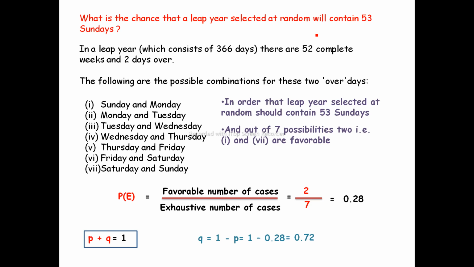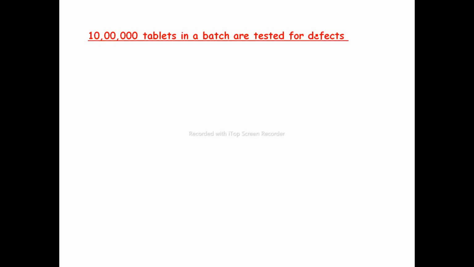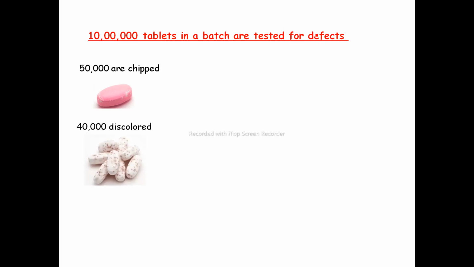Okay, next we'll have one more example. I'm taking a pharmaceutical example this time. Suppose 10 lakh tablets in a batch are tested for defects. Among these 10 lakh tablets, we have got 50,000 tablets which are chipped, 40,000 tablets which are discolored, and 30,000 tablets that are rough.